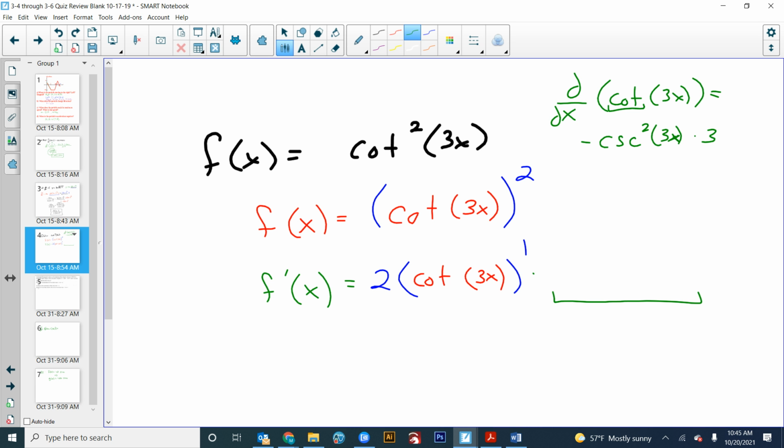Right? So we have negative 3 cosecant. Thank you, Wendy. Cosecant squared 3x. So I would write it as negative 6 cotangent 3x times cosecant squared 3x. I like to write the coefficients, and x is out front.